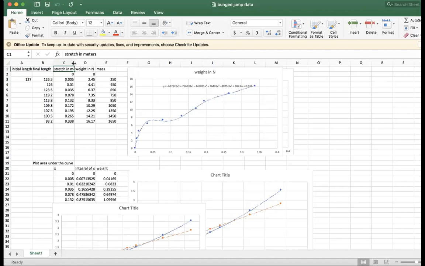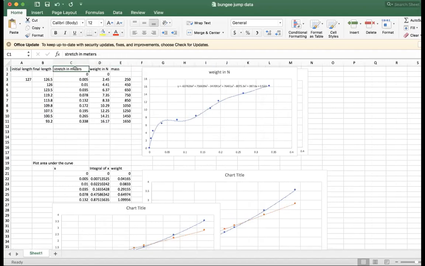You will have the elongation of your bungee cord at different masses. For each mass, convert the grams to kilograms and multiply by 9.8, and you get all the different weights in newtons. That's your Y value. Your X value is your initial length minus your final length. That is your elongation. Divide that by 100 and you get the elongation in meters.